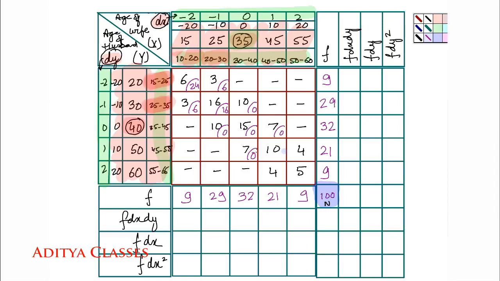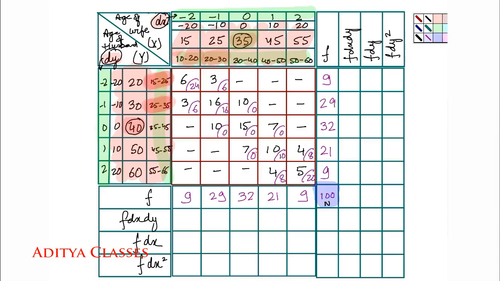We get 10. And this last one would be 4 multiplied by 1 multiplied by 2, giving me an 8. And then similarly this would become 4 multiplied by 1 multiplied by 2, 8. 5 2's are 10, 10 2's are 20. This is our total f dx and dy.